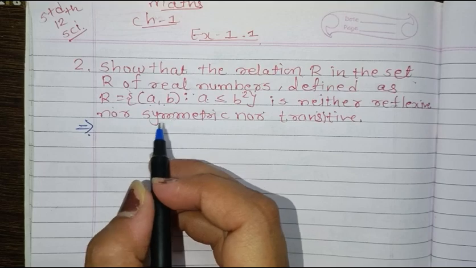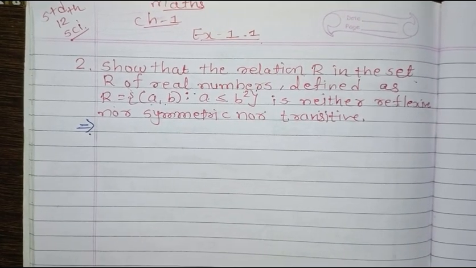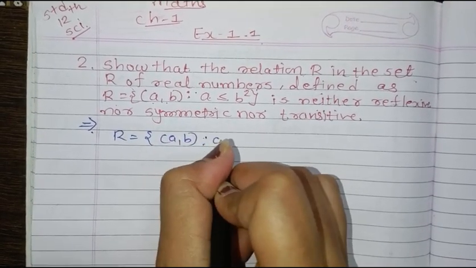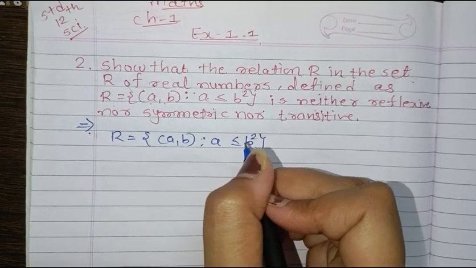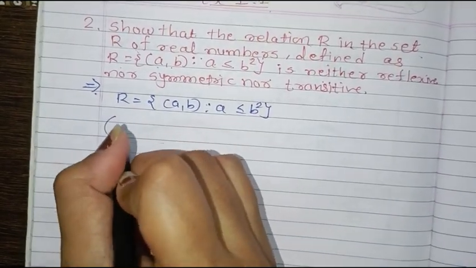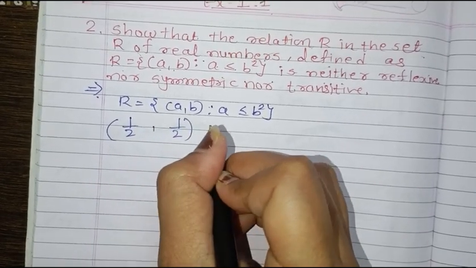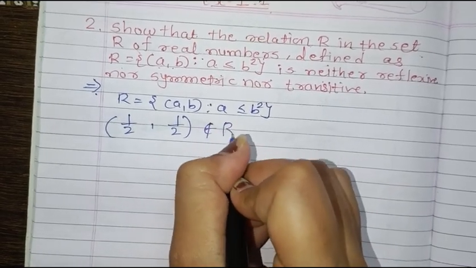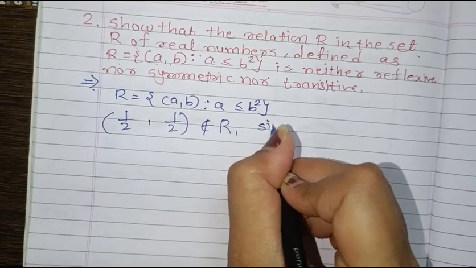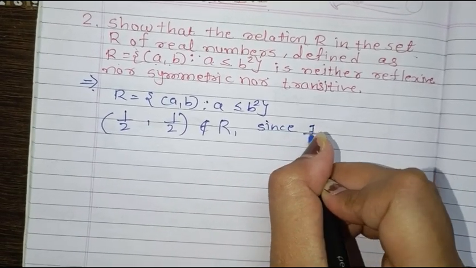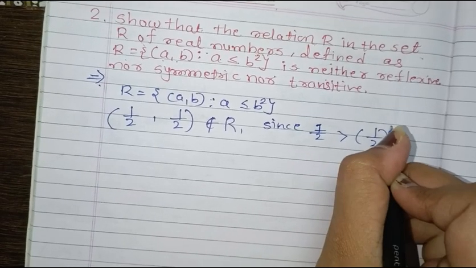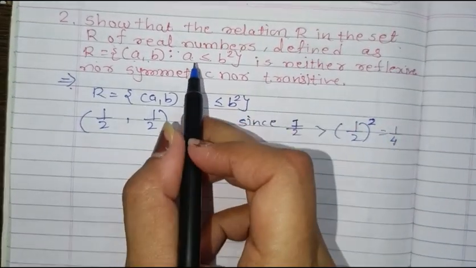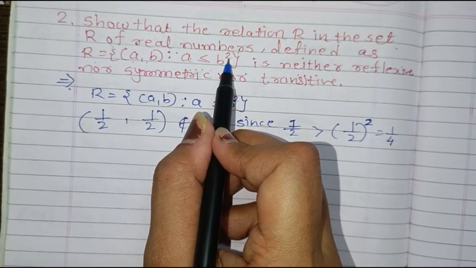First of all, we are taking some counter examples. We already know R equals {(a, b): a less than or equal to b square}, and it can be observed that if we take (1/2, 1/2), then (1/2, 1/2) does not belong to R, since 1/2 is greater than (1/2) square, which is 1/4, and here we have to take a less than or equal to b square, right?